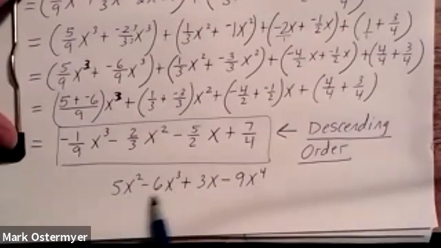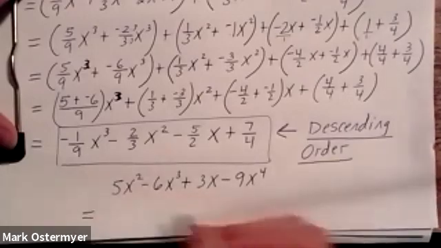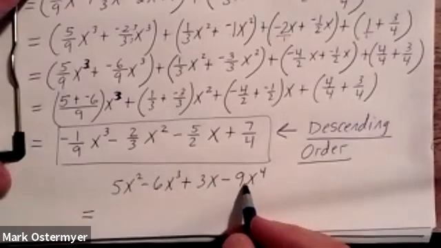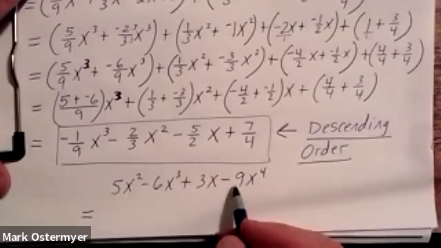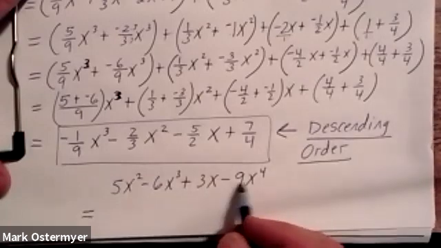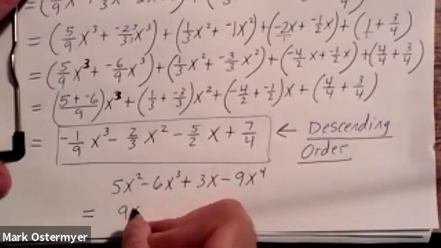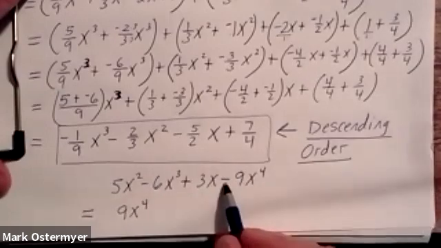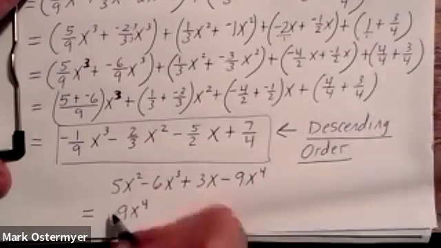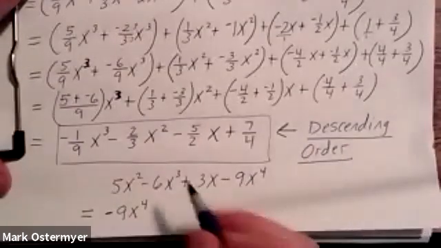Do you think that's legal to do? We certainly should be able to. Just remember, when you move a term of a polynomial from one place to another, don't forget to bring the sign in front of that monomial. So if I move this 9x to the 4th out front, don't forget that negative sign that pertains to this 9x to the 4th. That has to come out here also.